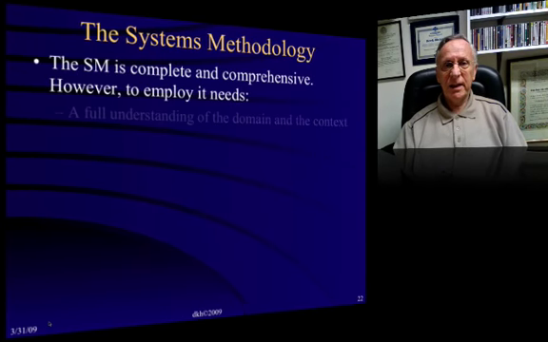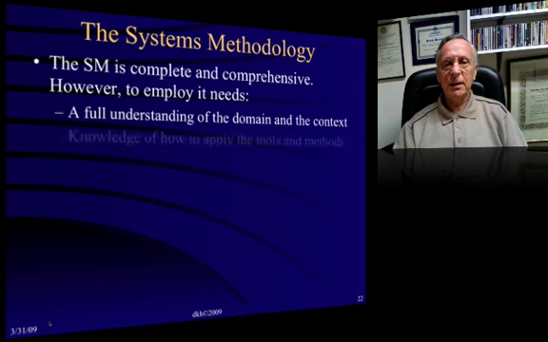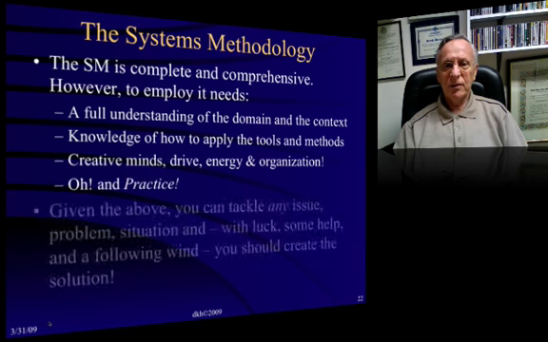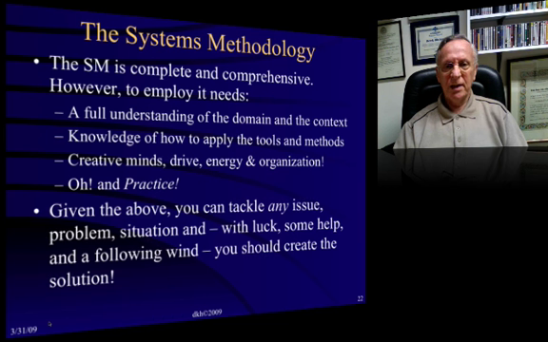It's complete and comprehensive. However, to employ it needs a full understanding of the domain and the context. And I mean full. Knowledge of how to apply the tools and methods. Creative minds, drive, energy and organisation. And practice. How do you get to Carnegie Hall? Lady, you've got to practice.